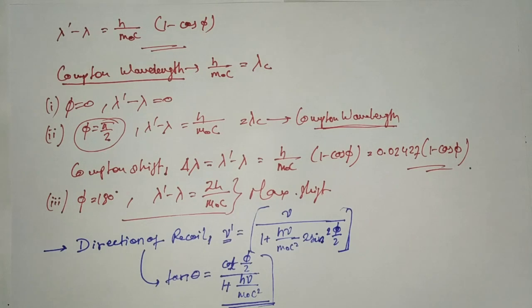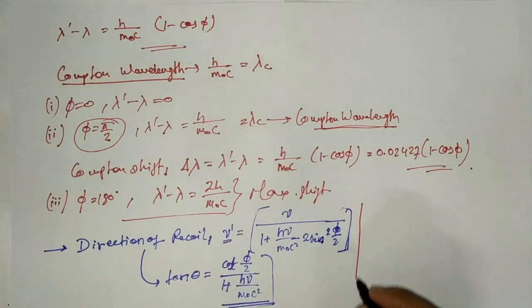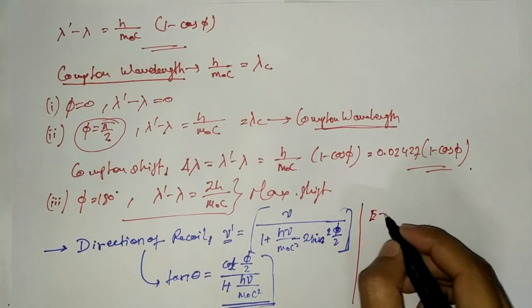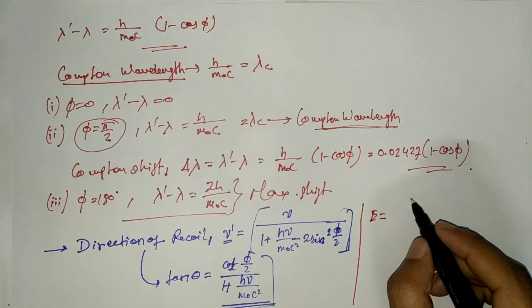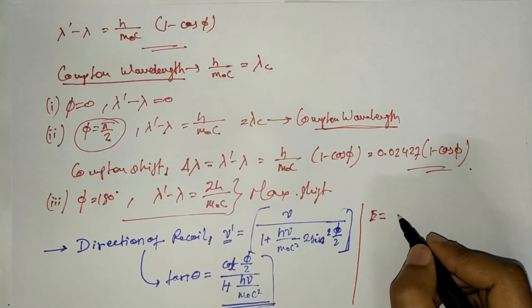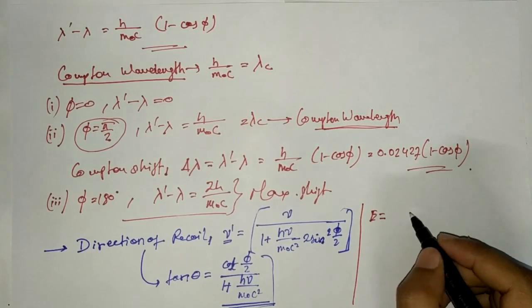Now we will see the equation for energy of the recoil electron. So energy of the recoil electron can be given by kinetic energy plus rest mass energy.